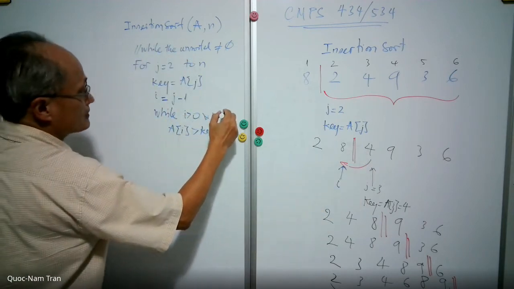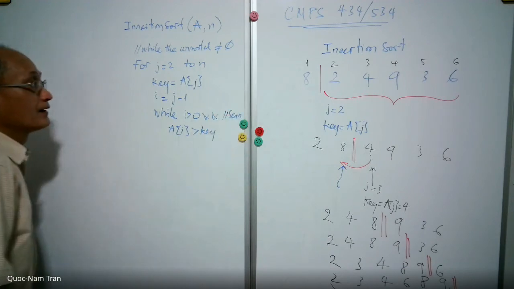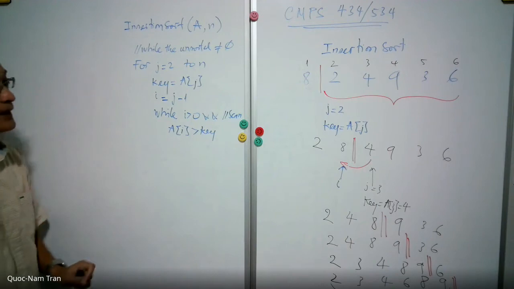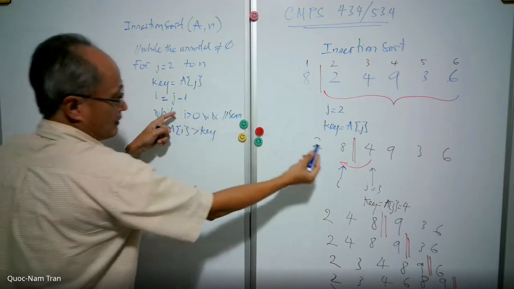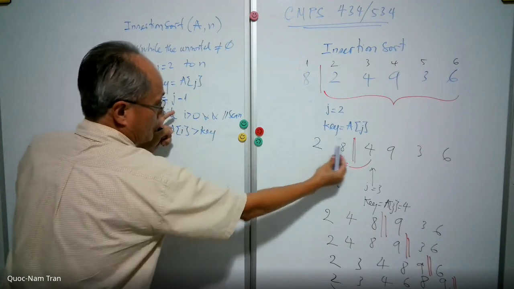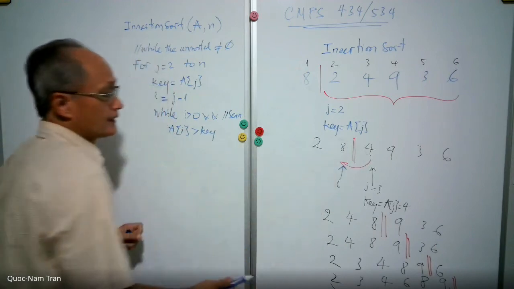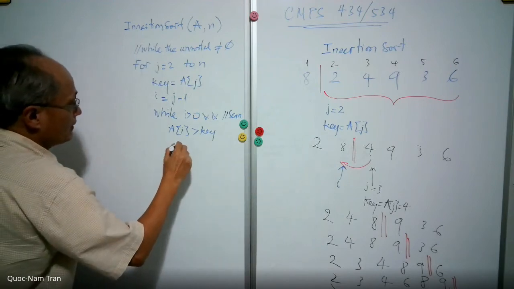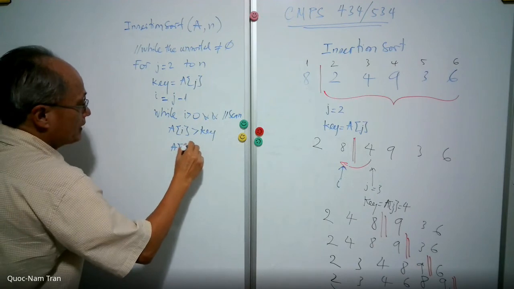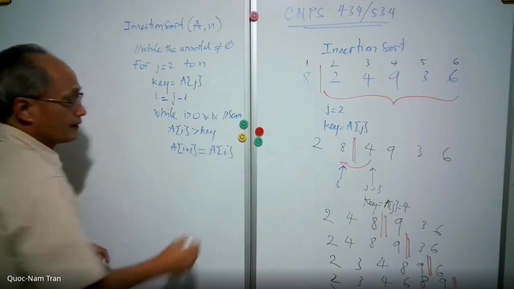So this one is what we call scan. What we will do is that if it's in the sorted part and if the value is greater than the key, we shift one position, meaning A[i+1] is assigned with A[i], right?